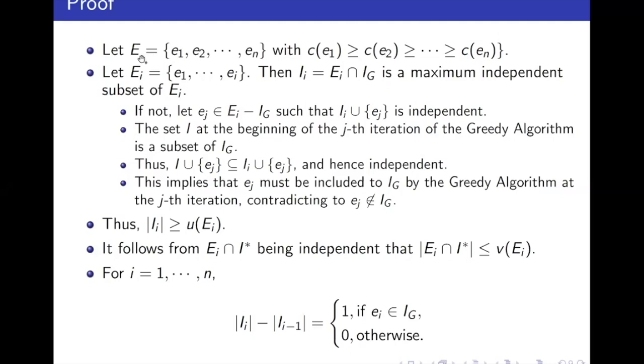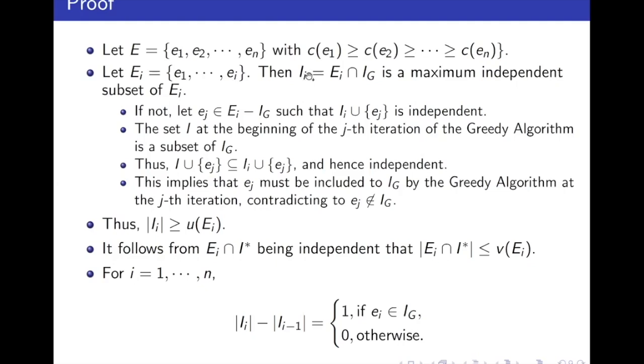Okay, now let's look at how to prove this result. We let E be the set of elements ordered according to their measure C in non-increasing order, which is E1, E2, up to En. At the ith iteration, these are the elements we have looked at when we reach the ith iteration.